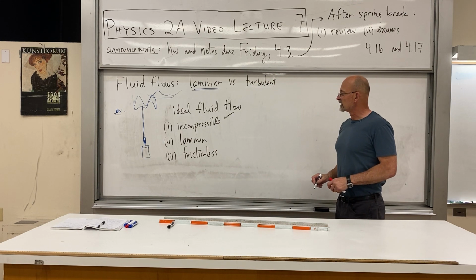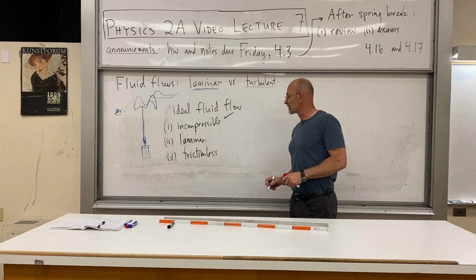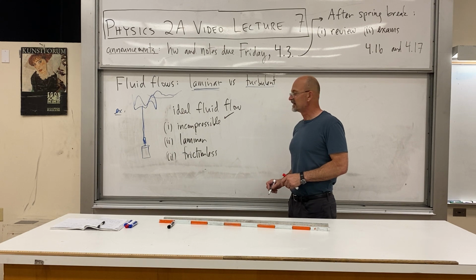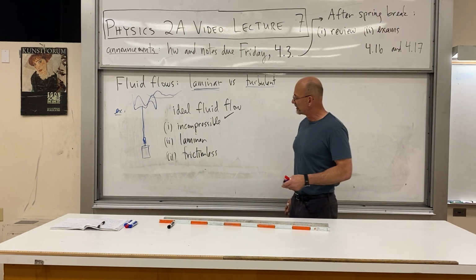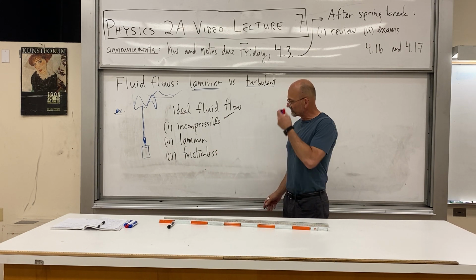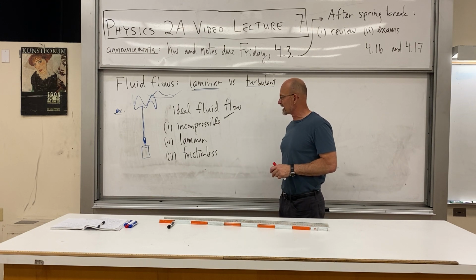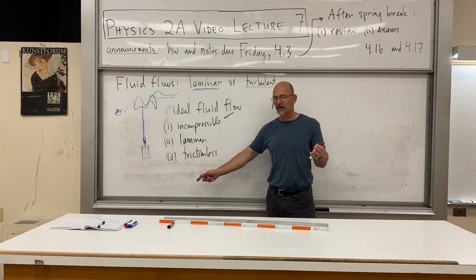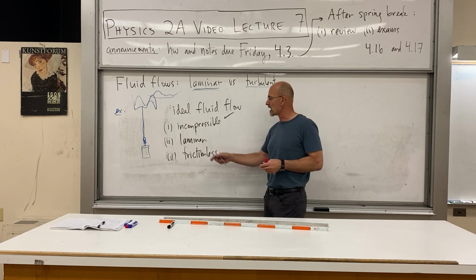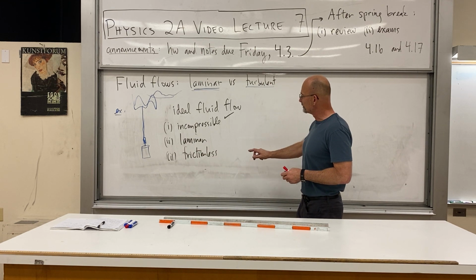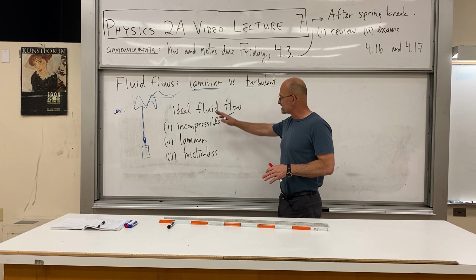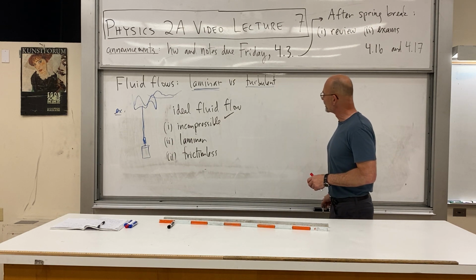And you know, those are some conditions that can't always be met, but they are met often enough that we get some useful information out of it. We did frictionless motion with free fall and projectiles, and we learned a lot. Okay. So similarly, in fluids, there are cases where these things hold, and then you can apply what I'm about to show you.